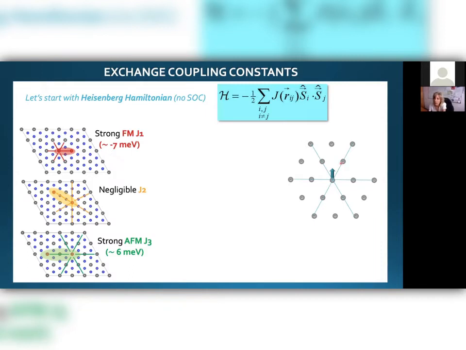And what is also peculiar is that the third nearest neighbor is very strong and anti-ferromagnetic. So what happens if I try to satisfy all these interactions on my lattice? My first interaction will be ferromagnetic, and then my second one will be anti-ferromagnetic, right? So I immediately see that I have some frustration in my system, because this spin would like to point down for the anti-ferromagnetic with the central one, but would also like to point up for the ferromagnetic with this first nearest neighbor, right?